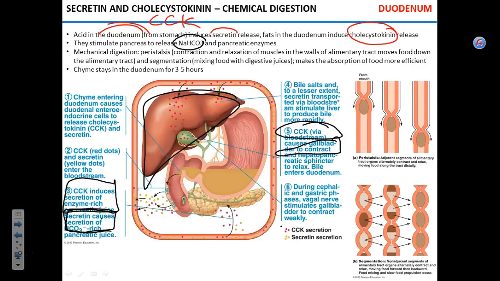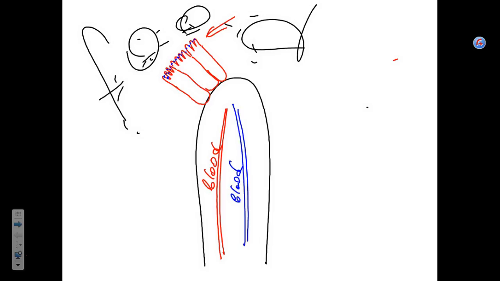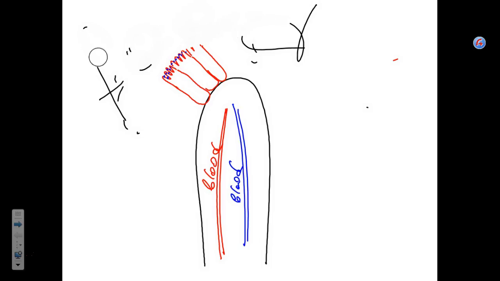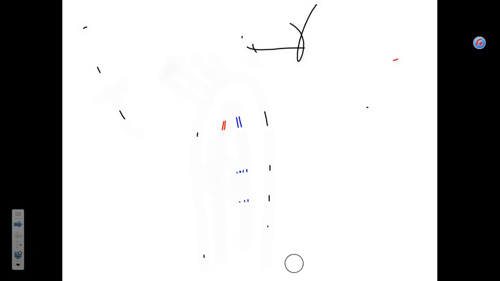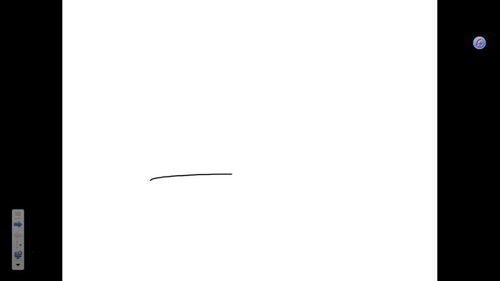Now, I'm kind of running a little bit ahead of the train here, but think about this. Let's just, again, draw it dynamically, okay? It's going to be very simple in the form of sort of a flow chart, okay? This is duodenum.